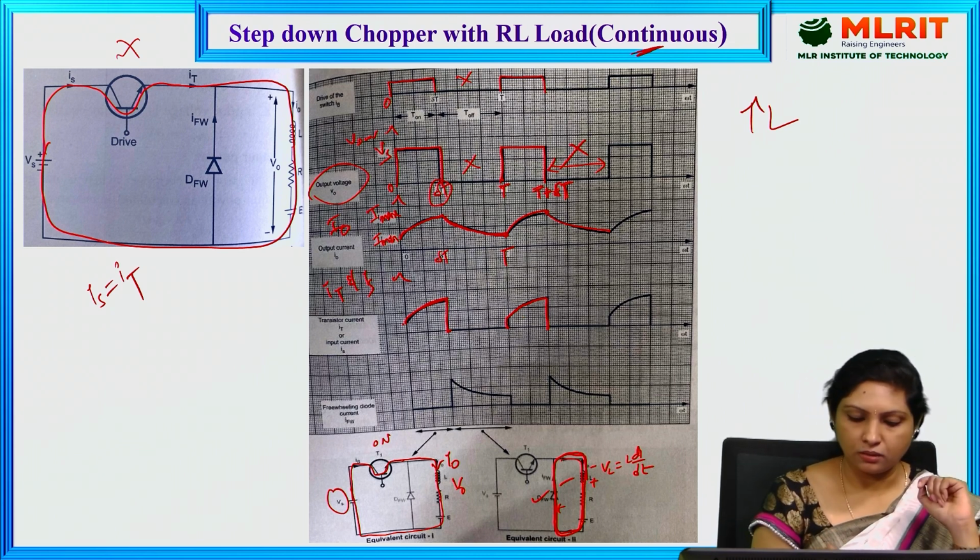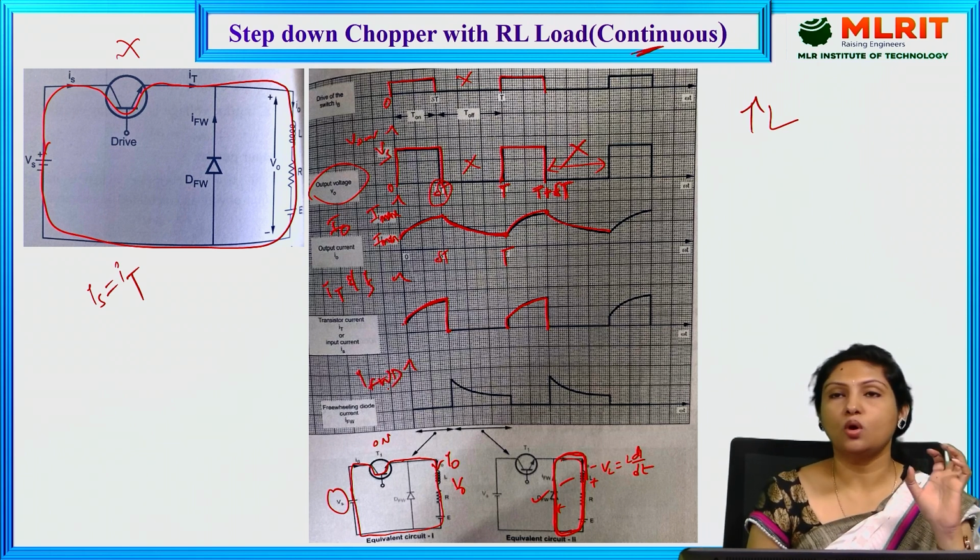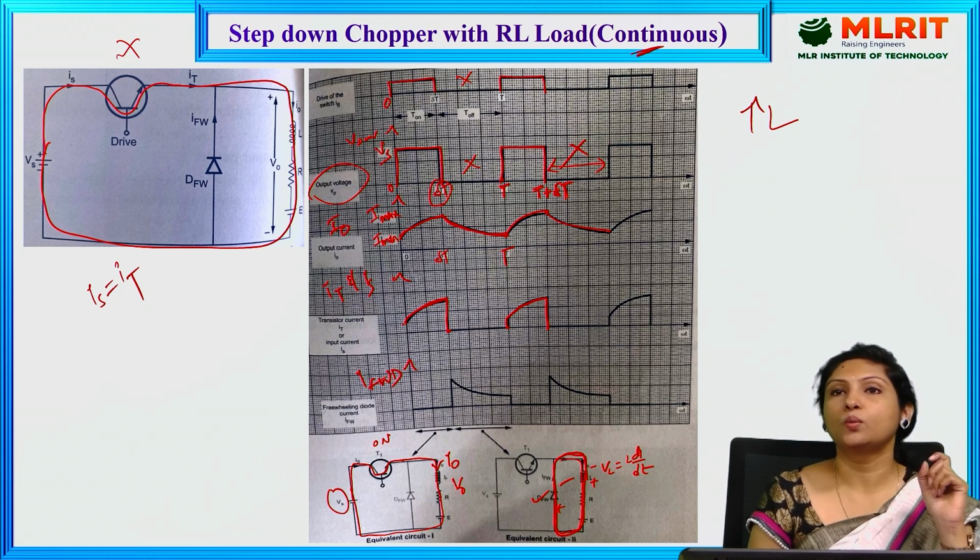And then moving on to the freewheeling diode current. As long as the freewheeling diode is conducting, that long we will be getting the waveform across the freewheeling diode.